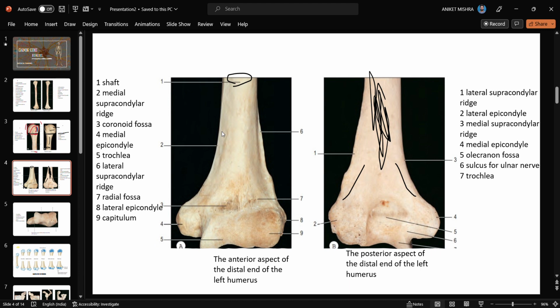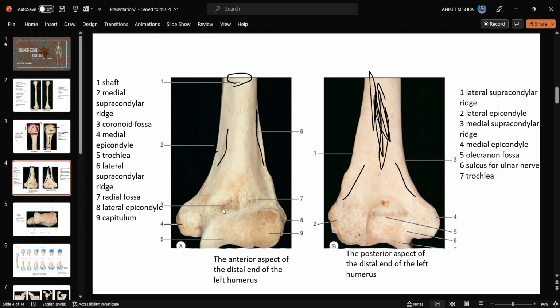There are two ridges present on the bone: the medial supracondylar ridge, present on the medial side of the bone, and the lateral supracondylar ridge, present on the lateral side.